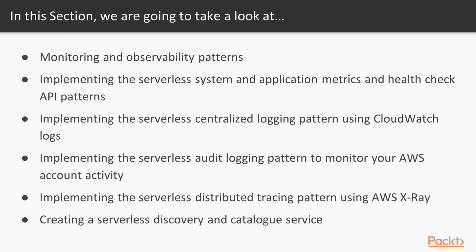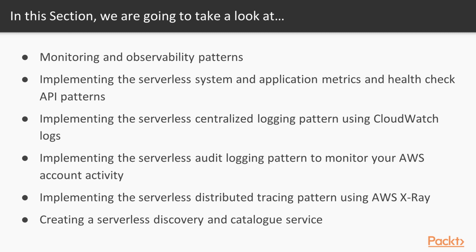In this section, we're going to take a look at the monitoring and observability patterns typically used in microservices. Then we will talk about how these can be implemented in a serverless world. So we'll start with the implementation of the system and application metrics and health check API patterns. Then talk about implementing the centralized logging pattern using CloudWatch logs.